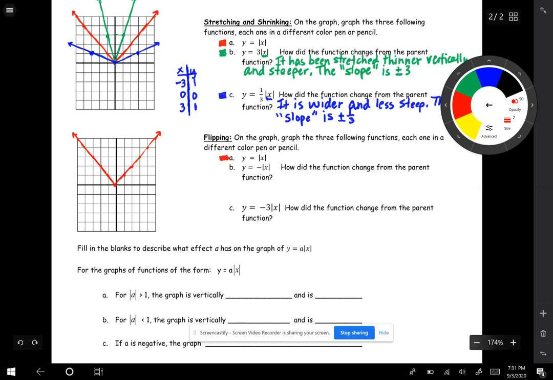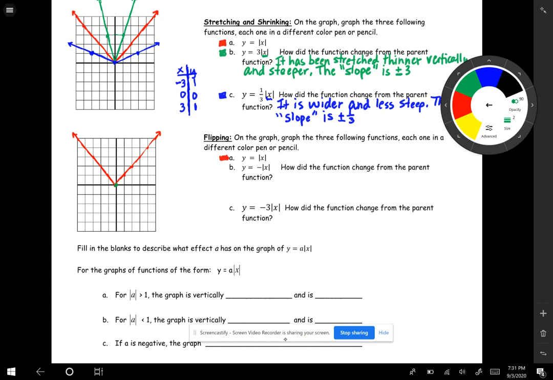Next one we're going to do, this time there's a negative number in front of the absolute value, whereas in the graphs above, they were both positive. So there's something to look forward to. A and B are almost identical other than the negative sign, so I wonder what's going to happen. We know the starting point is going to be the same, 0, 0.